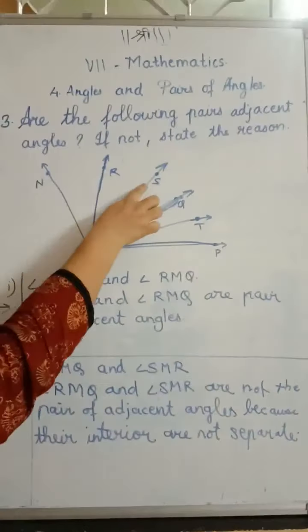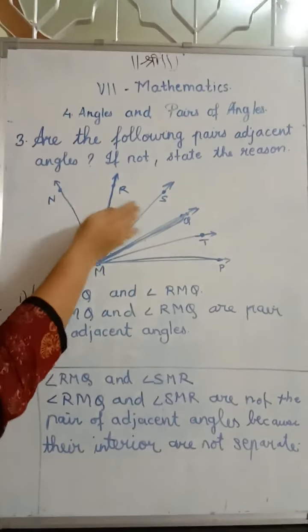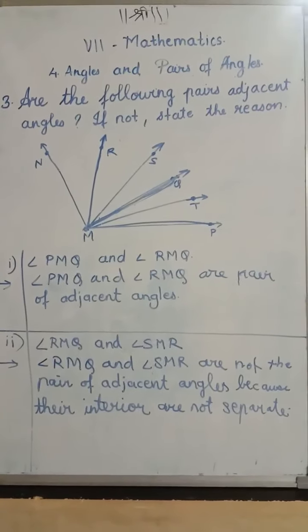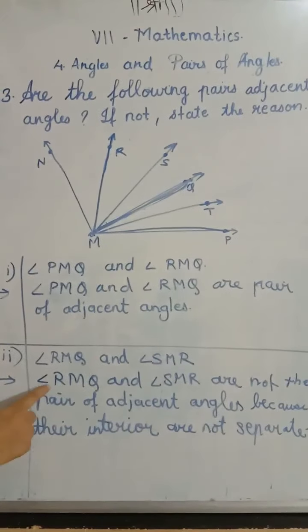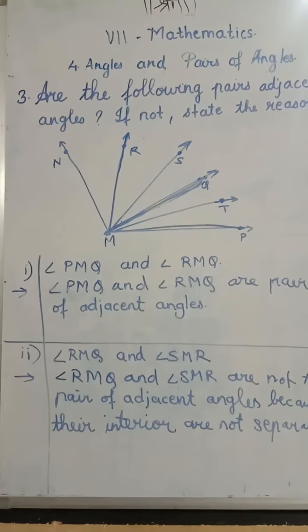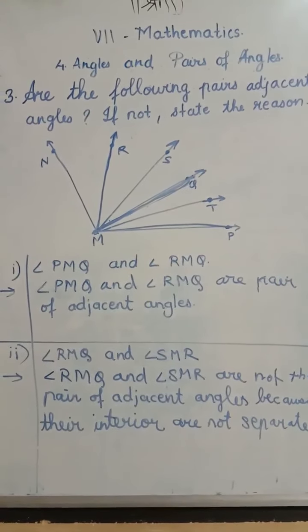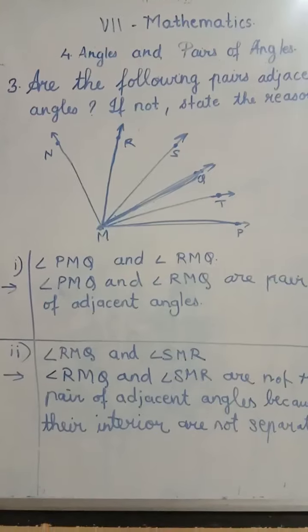SMR is in that only, no? So the interiors are common, and we don't want the interior common, we want the interior separate. So angle RMQ and angle SMR are not a pair of adjacent angles because their interiors are not separate.